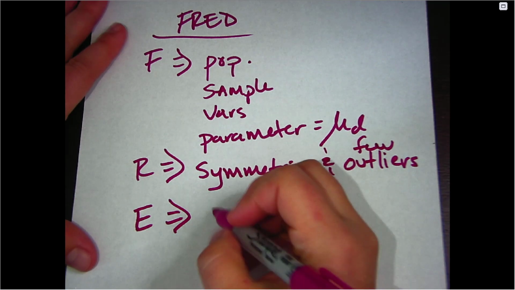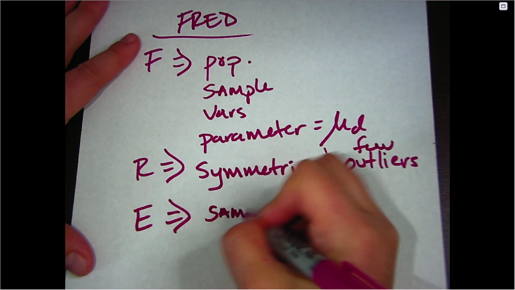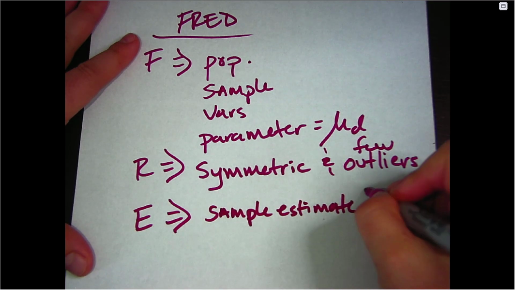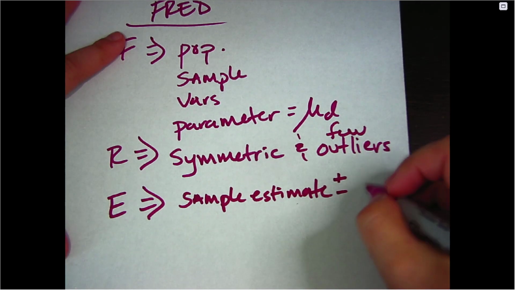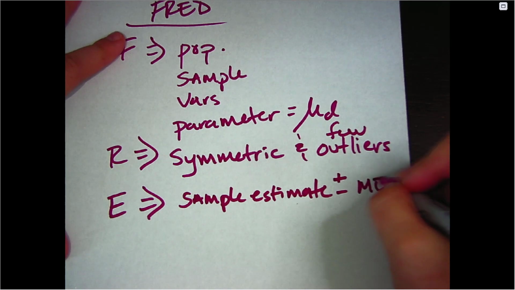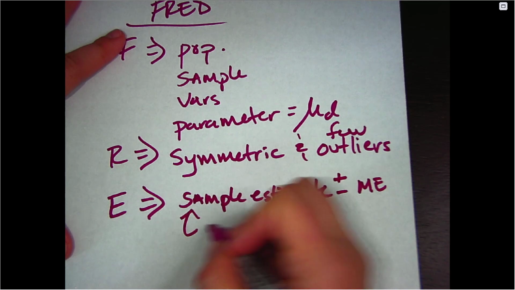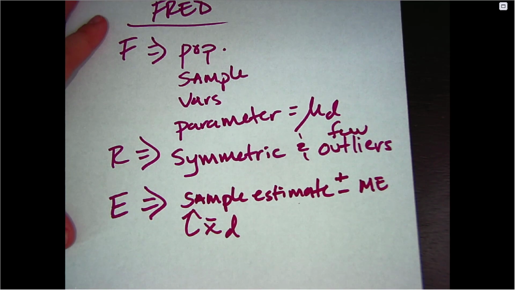Then when you execute calculations, this is the part that's going to be new, but not new. Remember our generic formula for a confidence interval is a sample estimate plus or minus a margin of error. The sample estimate that we're dealing with right now is x bar sub d, and remember that's just the mean of the sample mean differences.